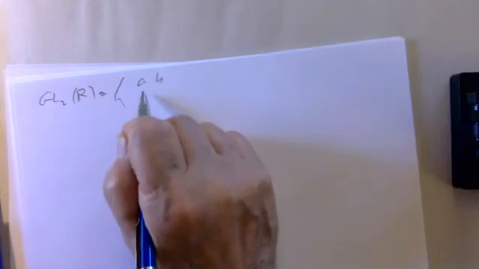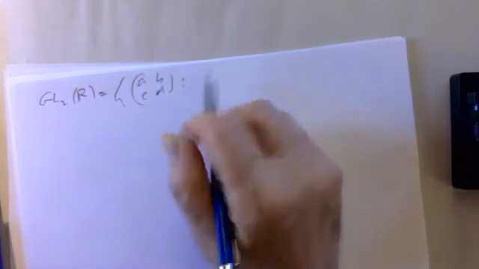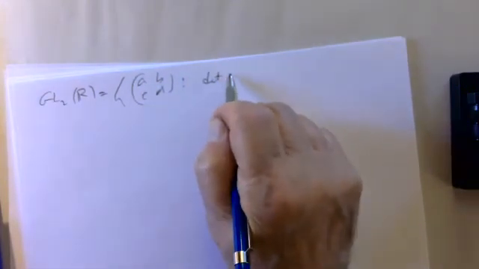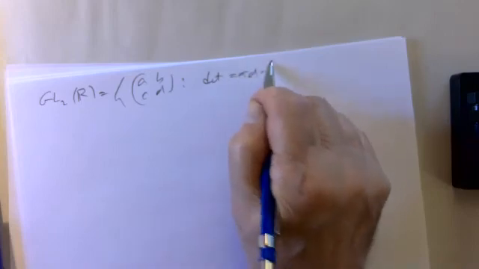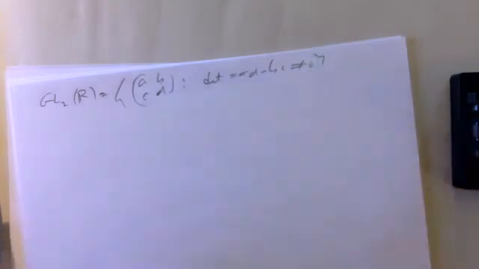Let's look at another example of a homomorphism. Suppose I let GL2R be the set of all 2 by 2 matrices with determinant AD minus BC not 0.